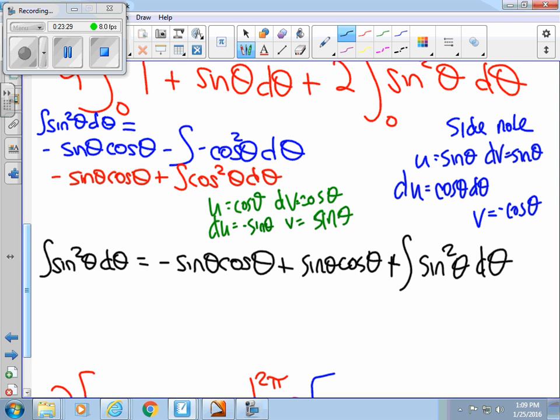Okay. It has to be positive, I believe. The original integral was positive. Which one? The original integral was sine squared. See, what you normally do is just subtract this.